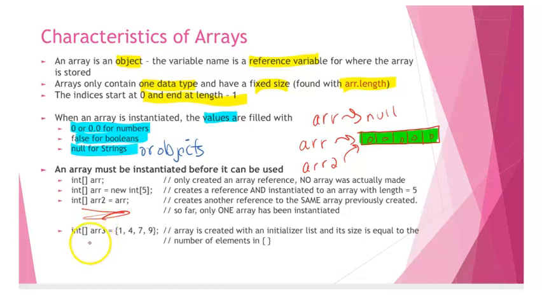And this last syntax here is called an initializer list, and this allows us to set up an array reference and also fill the array at the same time. In this case, it knows how big to make the array because of the number of elements in the array.